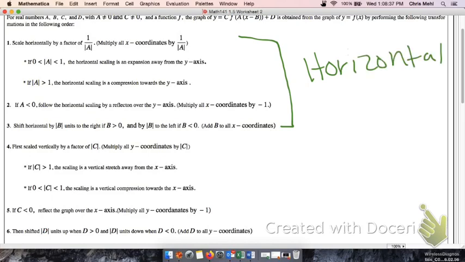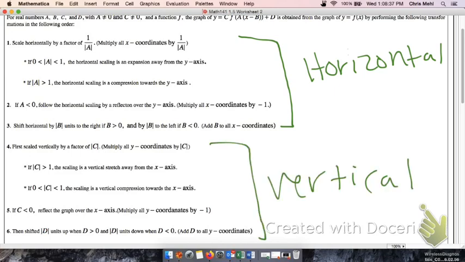Notice that we're using the letters A, B, C, and D for a reason, because you should apply the transformations in the order that those letters are given. So you would do the transformations given by the scaling factor A first, then you would do your horizontal shifting by whatever the value of B is, and once you've dealt with A and B, you now move to the vertical transformations. Again, C is going to tell you what kind of scaling you have, possibly with a reflection, and then capital D is going to tell you what kind of vertical shifting you have.